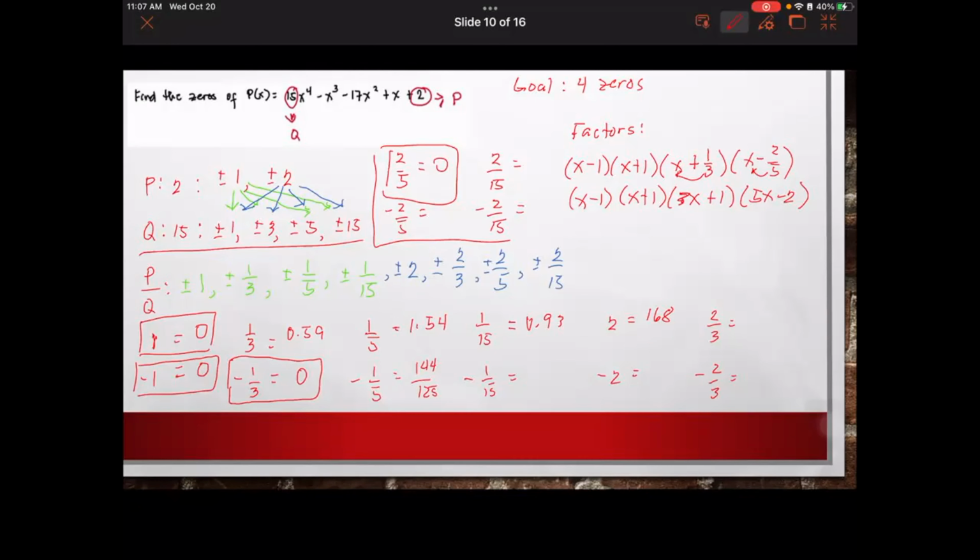Now, we need to check our answer. Dapat makakuha tayo ng positive 2. Negative 1 and positive 1 is negative 1, times positive 1, again this is negative 1. Negative 1 times positive 1 is negative 1 pa rin, times negative 2, this will be positive 2.